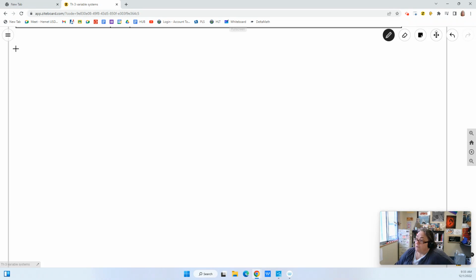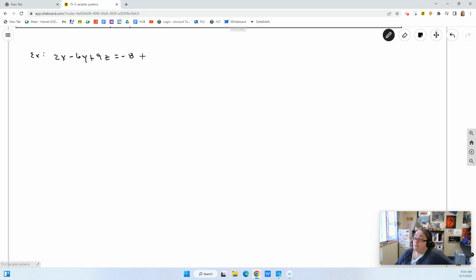So we're going to start with a problem. I'm not used to writing on this specific whiteboard yet, but we've got 2x minus 6y plus 9z equals negative 8.